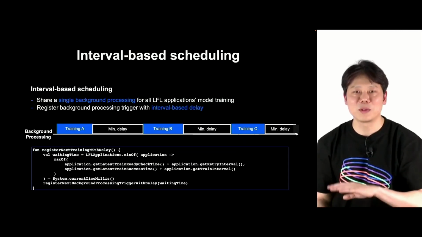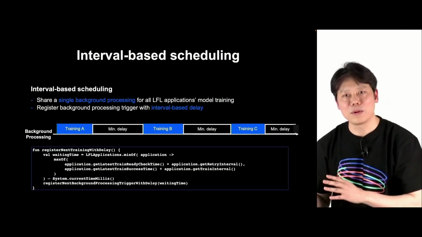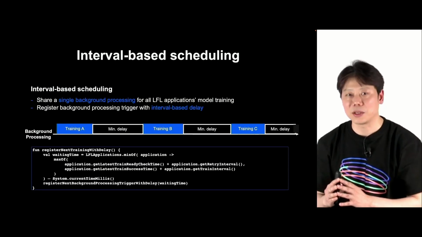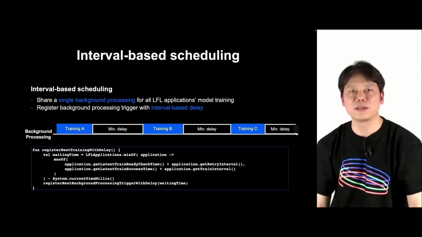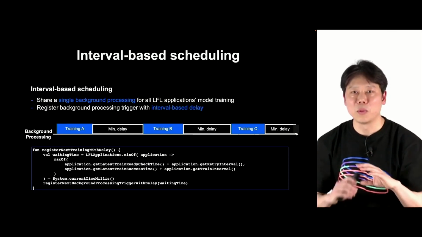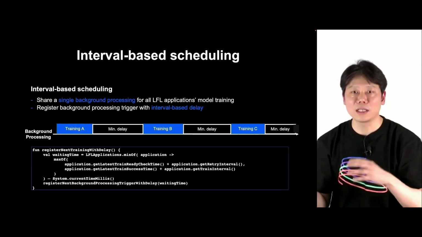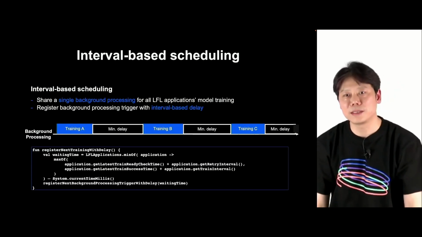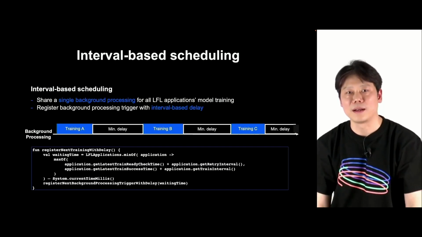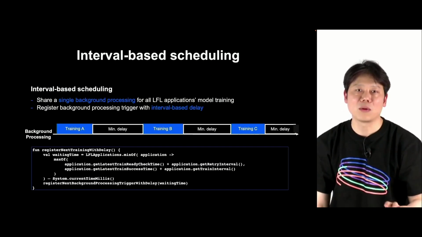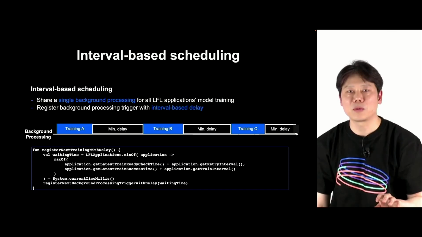So in LFL, we took a different angle. We are not scheduling each application. We create a single task session, and this session is shared by all applications' learning. So we have created interval-based scheduling.